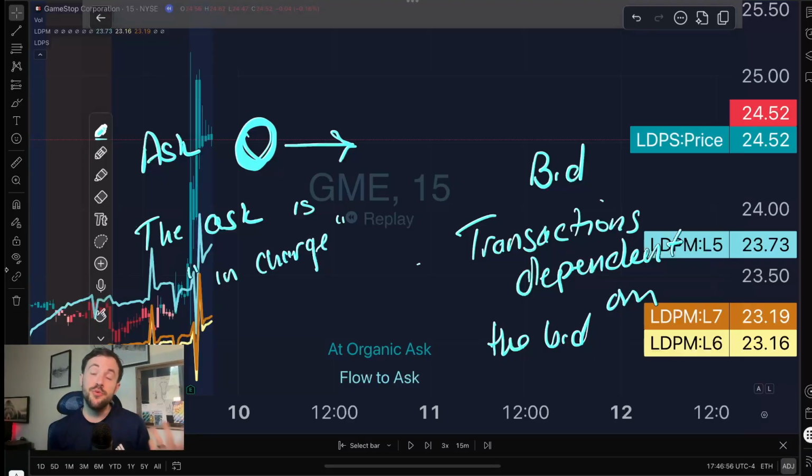Now, this has some pretty particular consequences. And to note, this is pretty deviant from the traditional understanding of liquidity in the market, because it's usually assumed that the ask supplies liquidity and the bid removes it, right? Or it's reversed. The reason I don't really remember is because it doesn't make sense and it's just not true. But whichever version is the one that most people say, that is also the incorrect version.